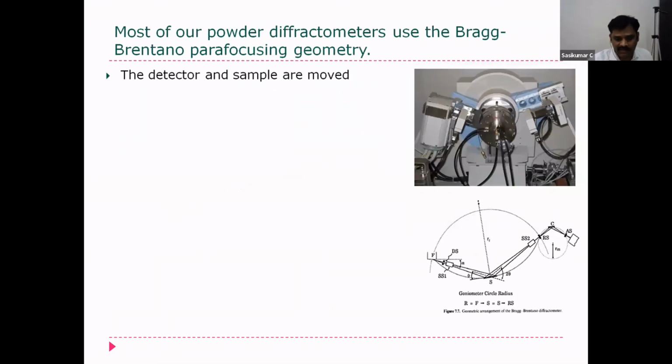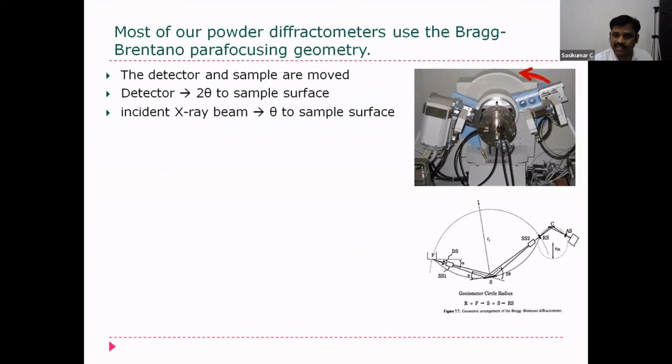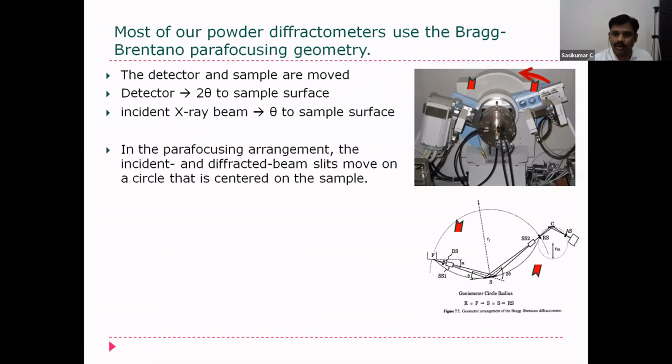So as we discussed, here is a typical photograph of your X-ray machine, XRD, X-ray diffraction, where you are able to see the source. Here is the X-ray source, or you can call it the X-ray tube. X-rays are generated from this, and you have optics through which the X-ray is processed and transferred to the sample.